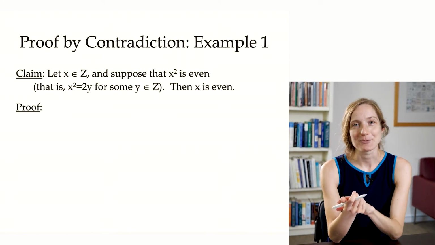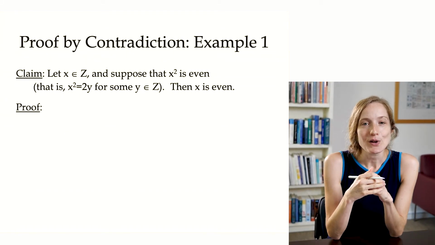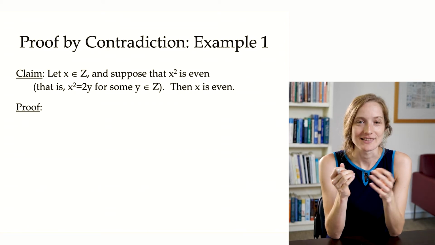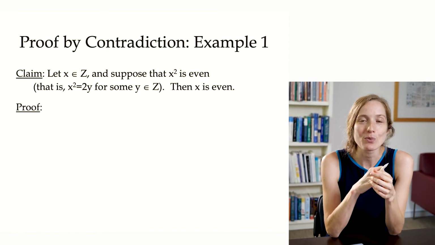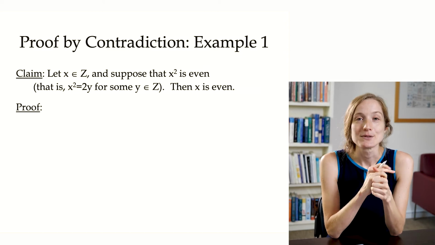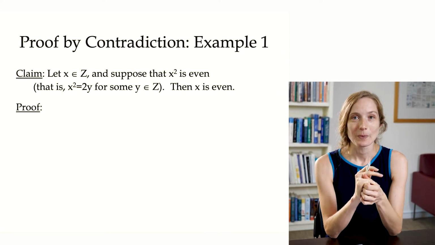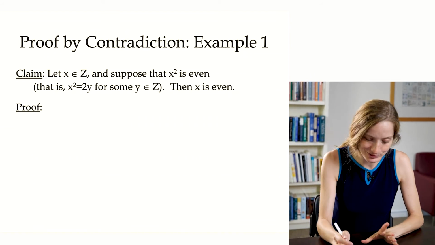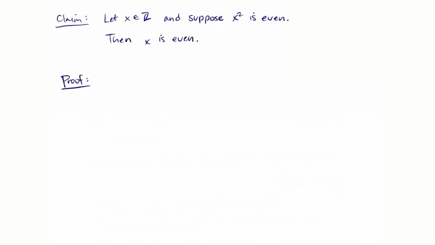Consider the following claim. Let x be an integer and suppose that x squared is even, that is, x squared is equal to 2 times y for some integer y. Then x is even. Let's take a look here on the board. Suppose I want to prove this by contradiction. Remember, the first thing to say is: assume, for contradiction, that not P holds, the negation of what we're trying to prove.